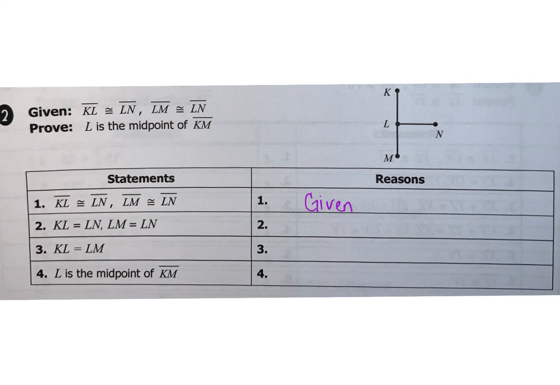All right, so from 1 to 2, all they did was change it from segments and congruence to distances and equality. What tells you that you can go from congruence to equality? Definition of congruence. Anytime you go the same exact statement and they just changed it from congruence to equality or equality to congruence, it is definition of congruence.